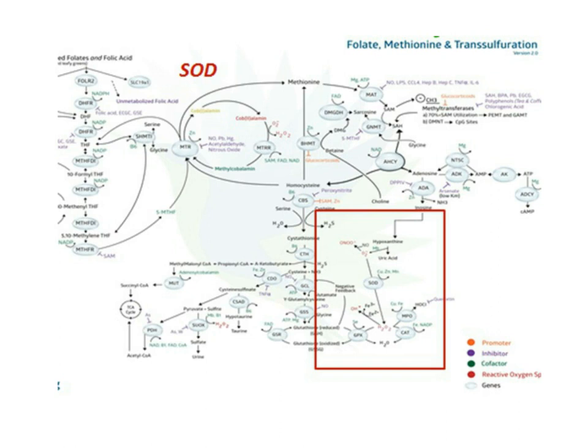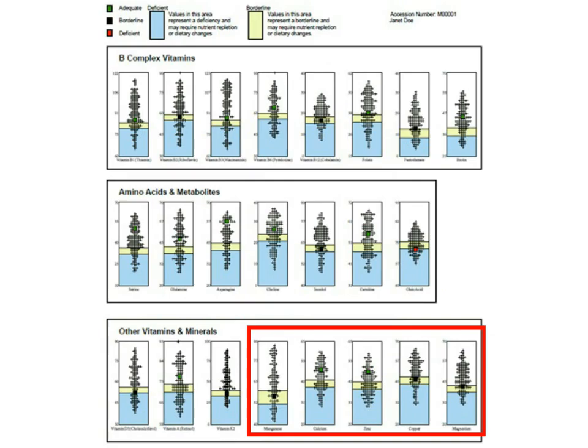If SOD is not being made in sufficient amounts, then the hydrogen peroxide and oxidative stress will further increase and cause mitochondrial dysfunction. So when I'm looking at the micronutrient test, I'm always looking here on this bottom panel where the vitamins and minerals are stated, looking at how is the level of manganese intracellularly.